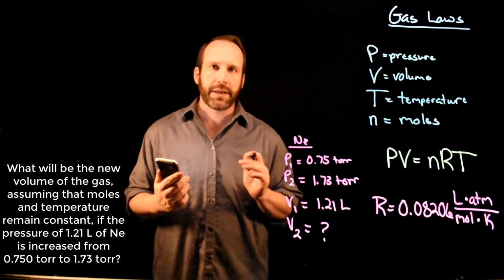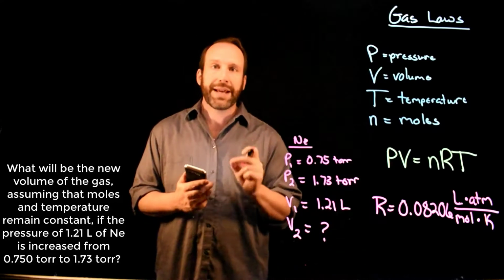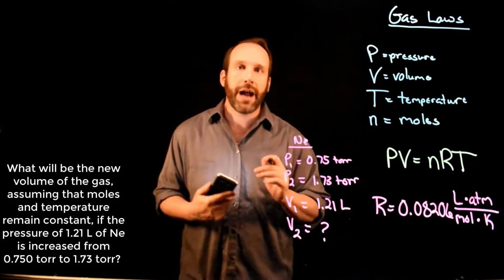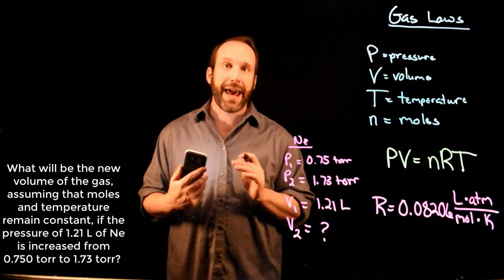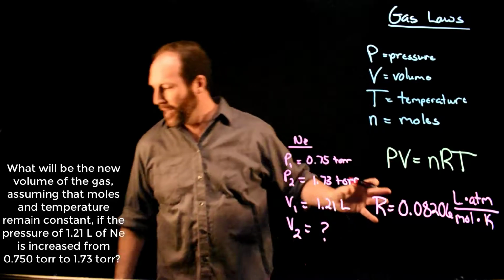Notice one of the things that the problem tells us. It tells us that moles and temperature remain constant, okay? Throughout the worksheet, I've tried to explicitly say which of these four variables we're leaving constant.